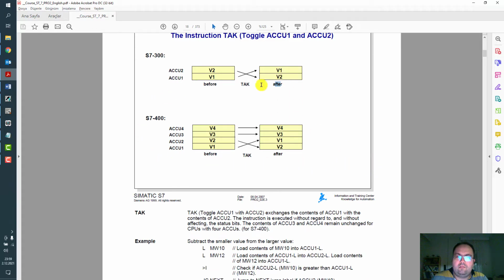This command affects only the first 2 accumulators. For STEP 7 400, accumulator 3 and 4 values remain the same after the command.